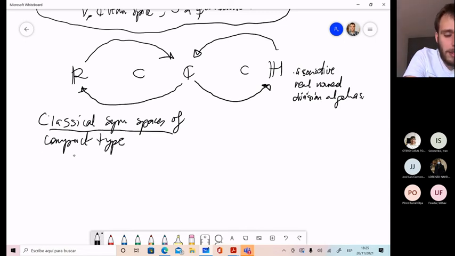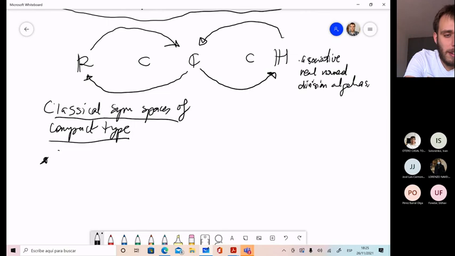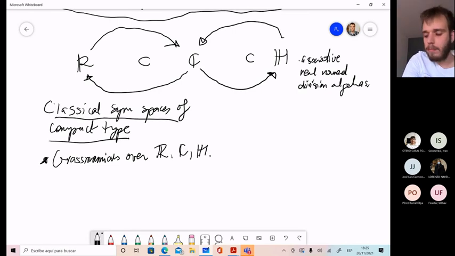As I told you, there are some coverings of them, so these are all up to coverings. So you have these Grassmannians over R, C, and H.